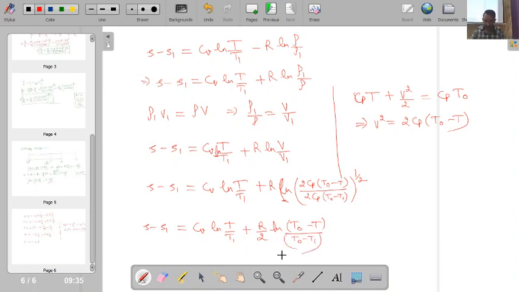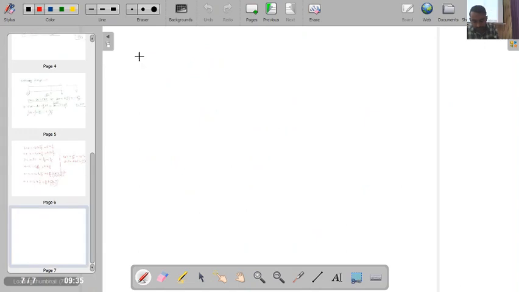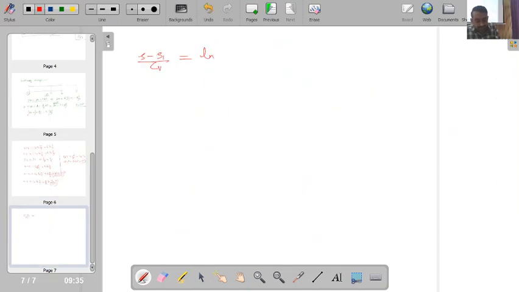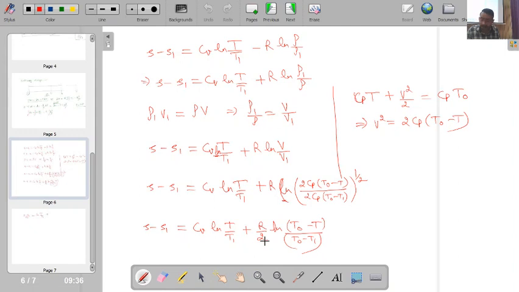Now let me divide this equation throughout by Cv. So what I will get: S minus S1 by Cv equal to ln of T by T1 plus R by Cv.